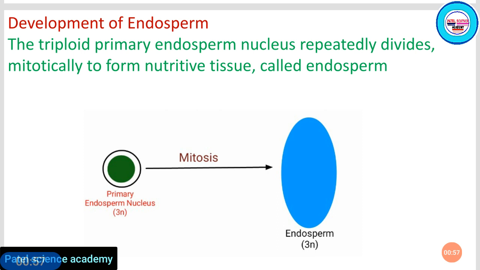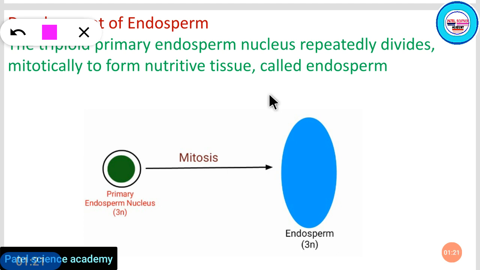Actually I have explained it in my previous lecture too, when I uploaded the double fertilization lecture. Fertilization takes place two times. The first fertilization is between the first male gamete and the egg to form the zygote, which is diploid in number.